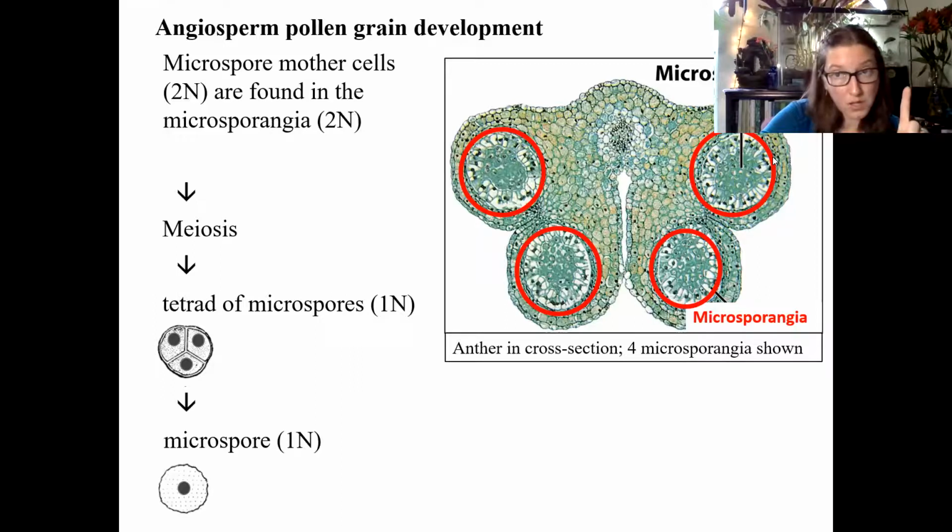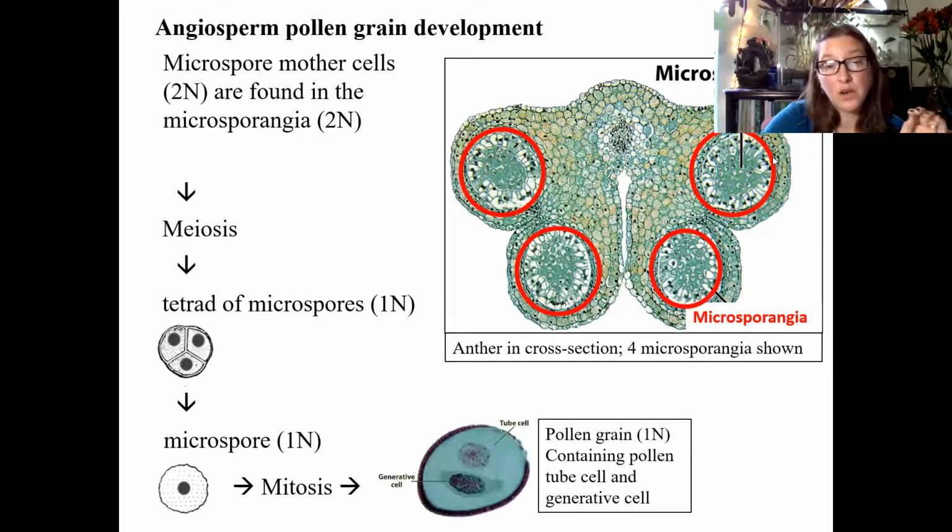We just talk about 1 spore. This is all happening inside of the microsporangia. That spore is going to undergo mitosis to make 1 more cell, to make your 2-celled reduced male gametophyte plant, the pollen grain.